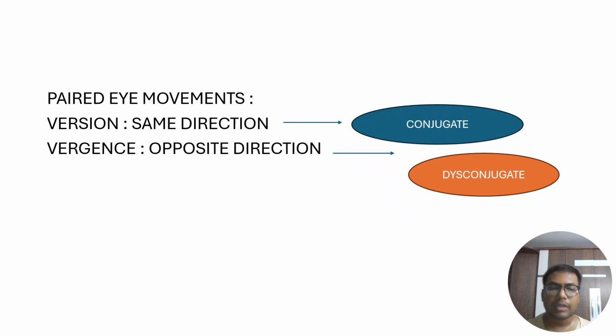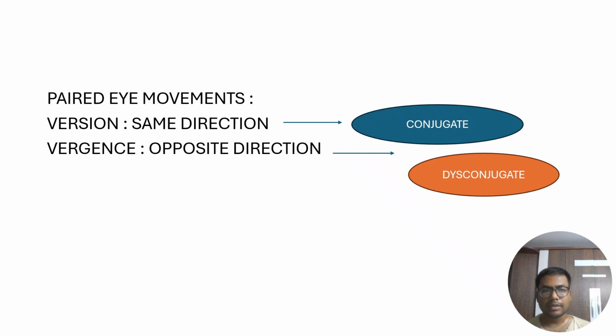But on the contrary, version means if it is levoversion, the left eye lateral rectus will work, so that is abducted, and the right eye medial rectus will work, so it is adducted. So that is levoversion.